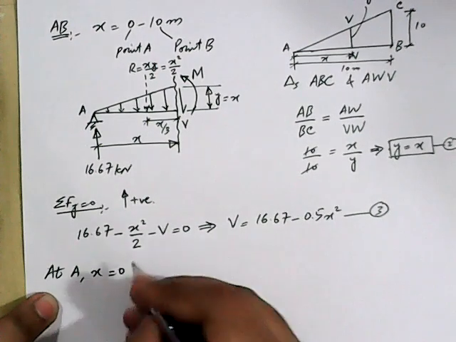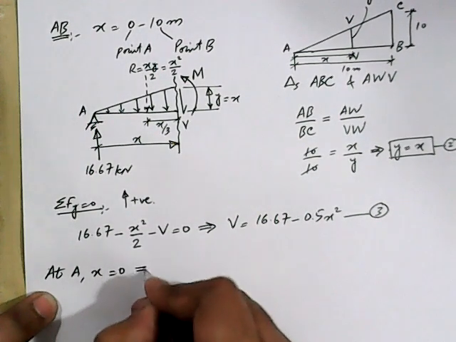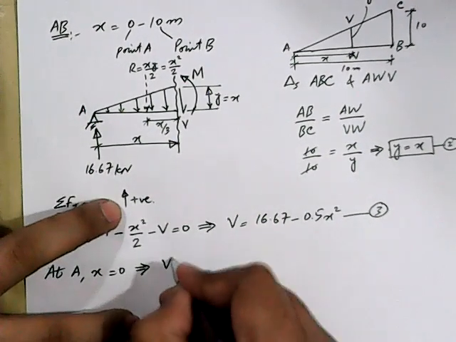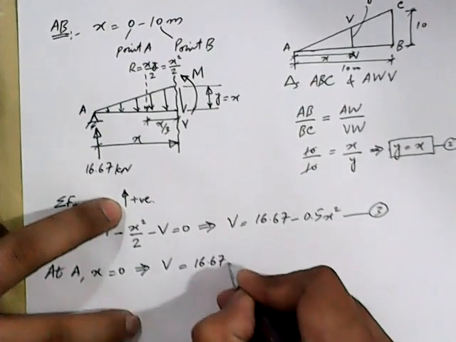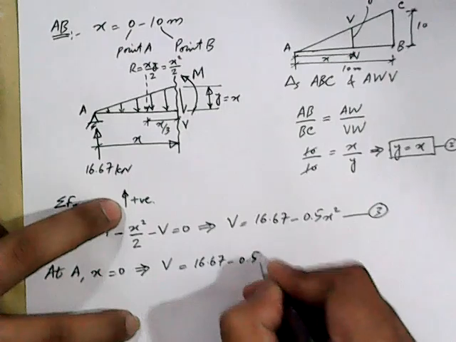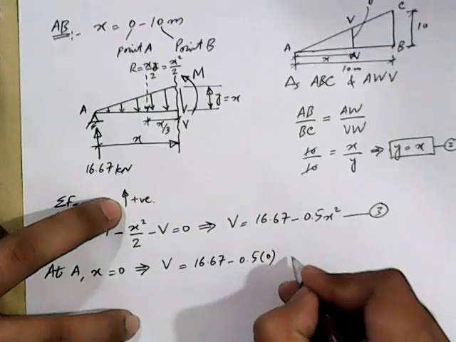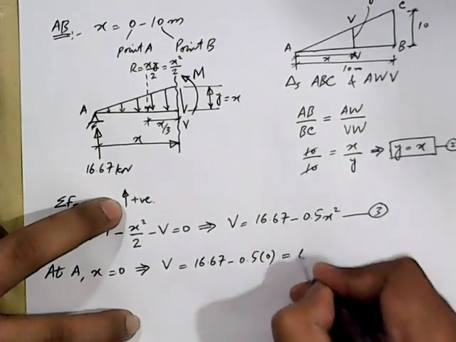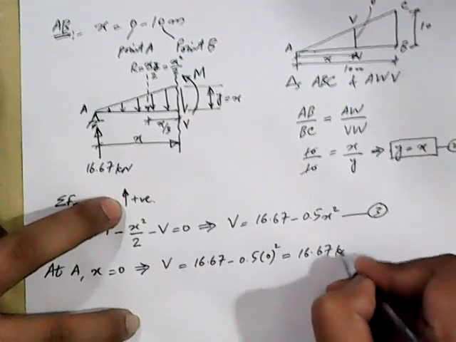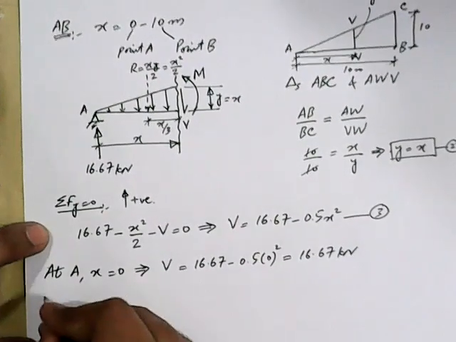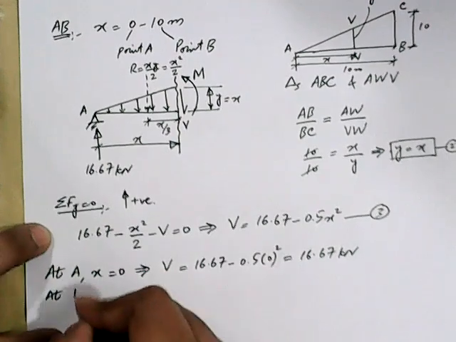At point A, x is equal to 0. So this implies V is equal to 16.67 minus 0.5 into 0 square, and this is equal to 16.67 kilonewton.